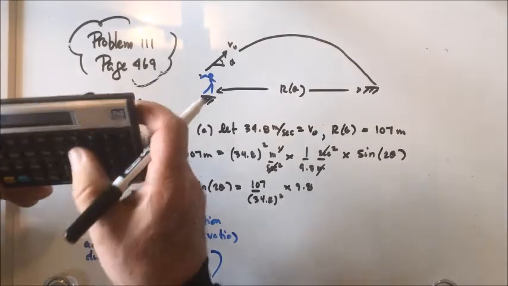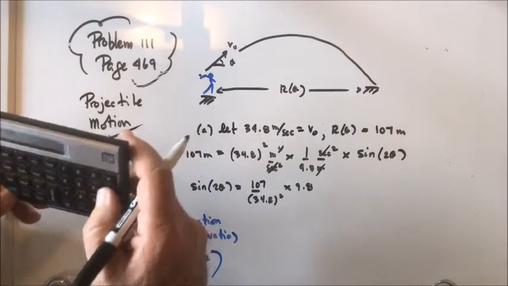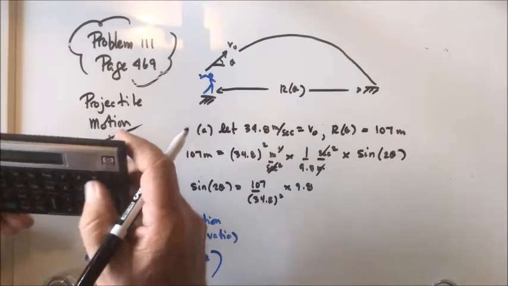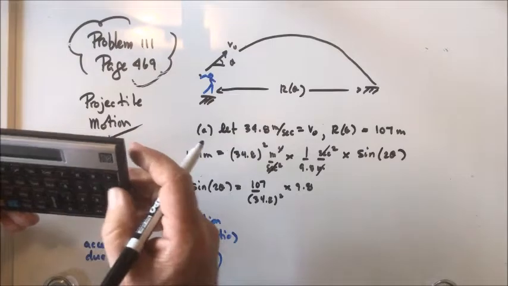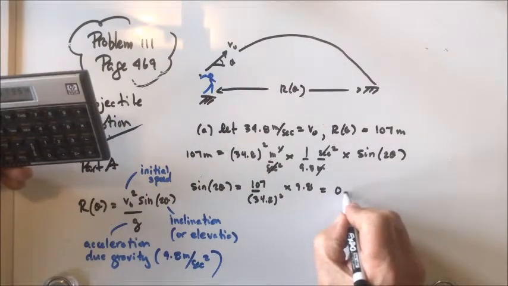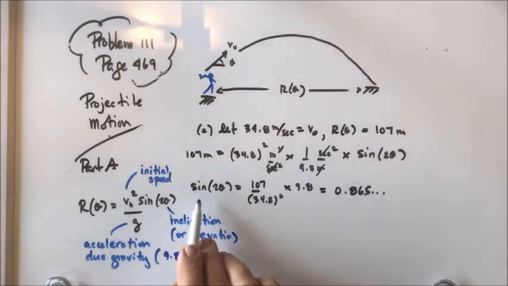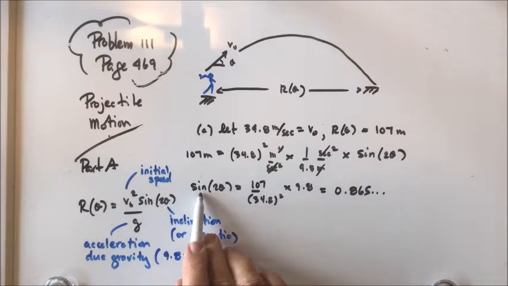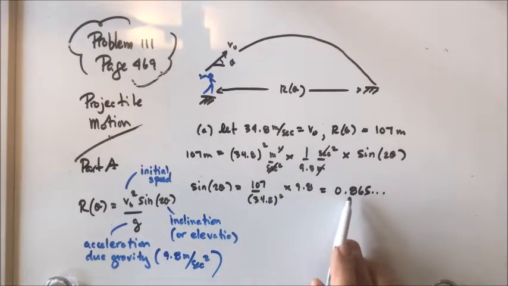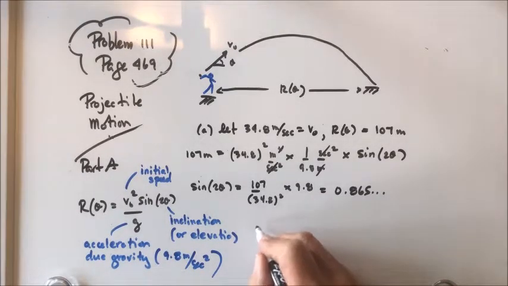I'm going to calculate this: 107, 34.8, square that and divide it, and 9.8 times. And I'm going to get a number, and that number is 0.865. So if I take the arc sine of both sides, sine 2 theta is equal to this, I'm going to get 2 theta is equal to some number, divide by 2, and I'm going to get theta. But hold on just a second.